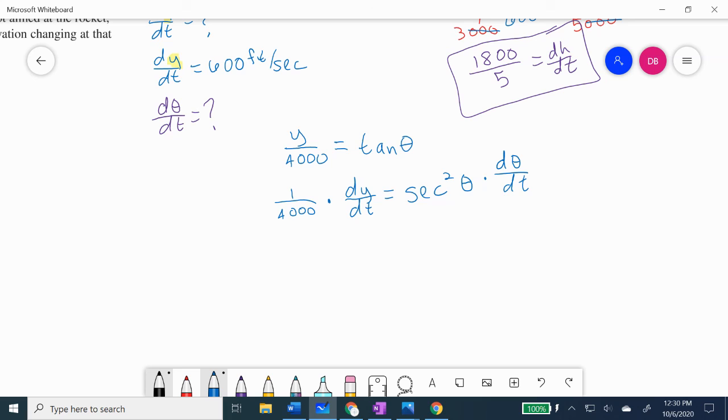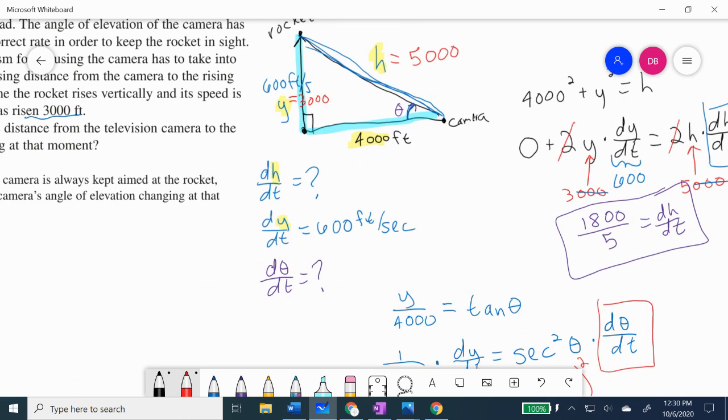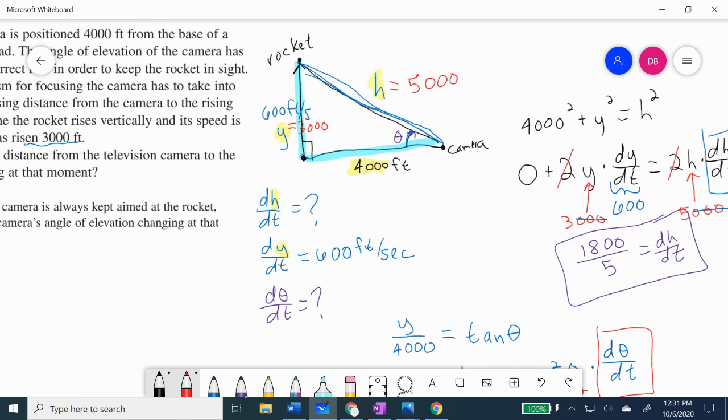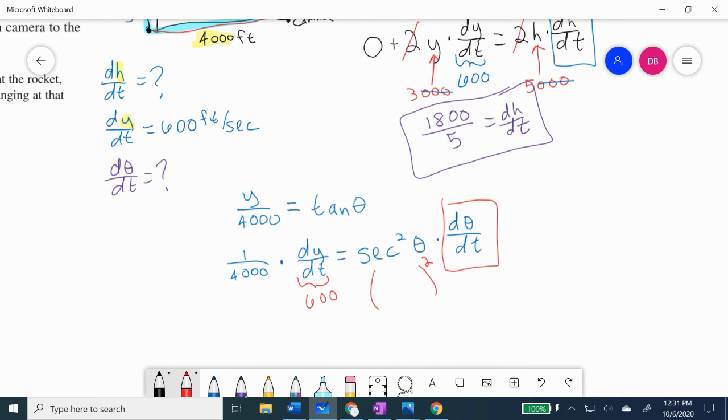And now plug and chug. dy dt is 600. We want to find d theta dt. We need to know secant squared. Secant is cosine's reciprocal. With cosine's reciprocal, we are looking at hypotenuse divided by adjacent. So 5,000 over 4,000, or 5/4 as a ratio.